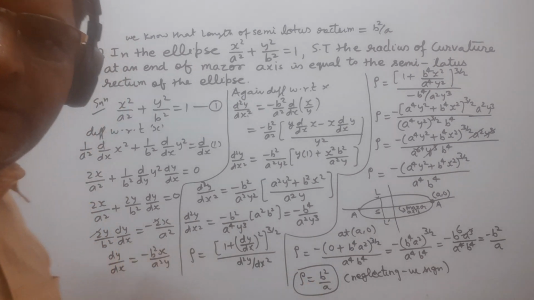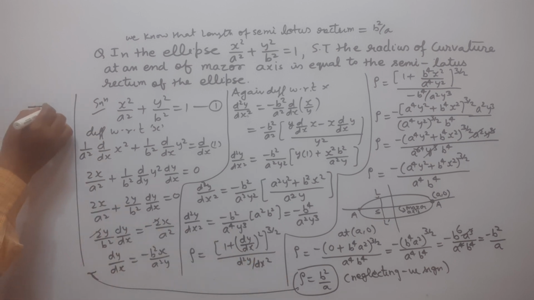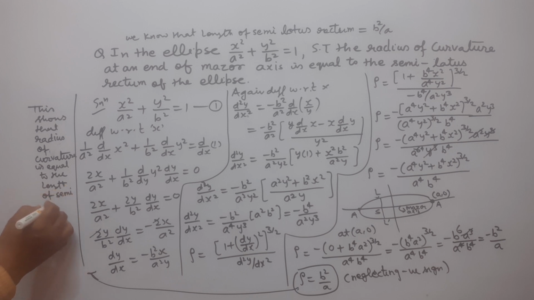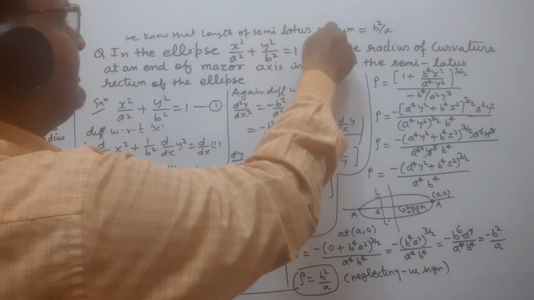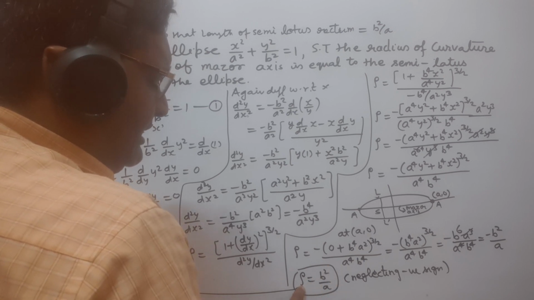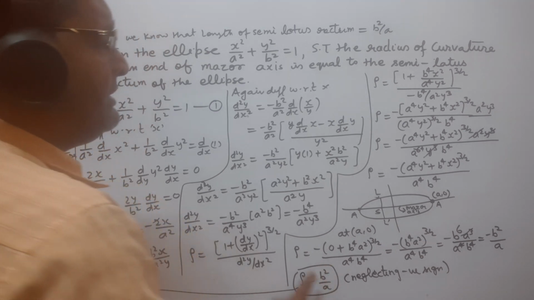So this shows that radius of curvature is equal to the length of semi-latus rectum of the given ellipse. आप देख सकते हैं जो लेटस रेक्टम की लेंथ होती है सेमी लेटस रेक्टम की वो b स्क्वायर अपॉन a होती है इस एलिप्स के लिए और rho इज इक्वल टू b स्क्वायर अपॉन a है। So this shows that radius of curvature at an end point of major axis is equal to the length of semi-latus rectum. Thank you.